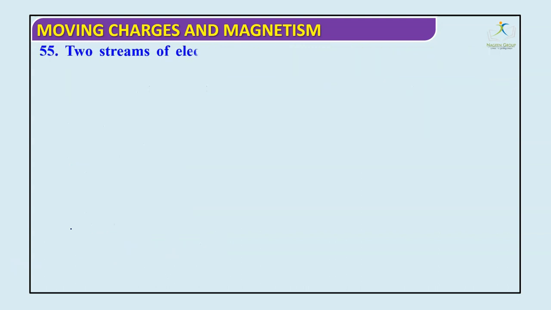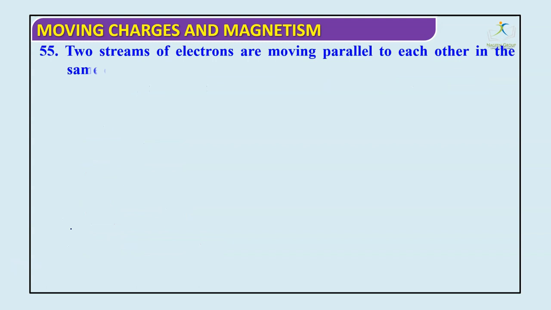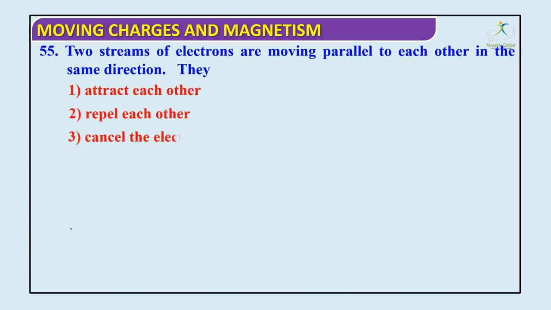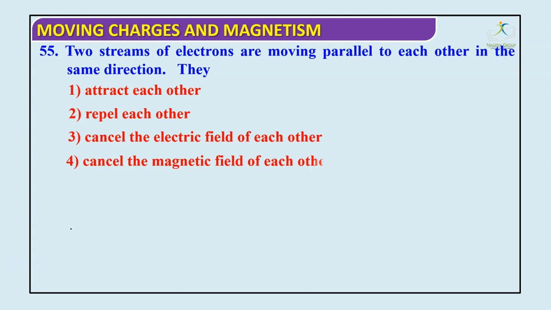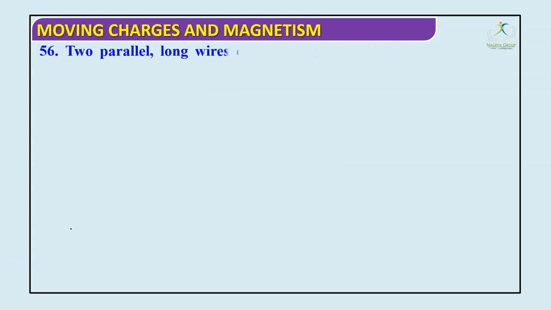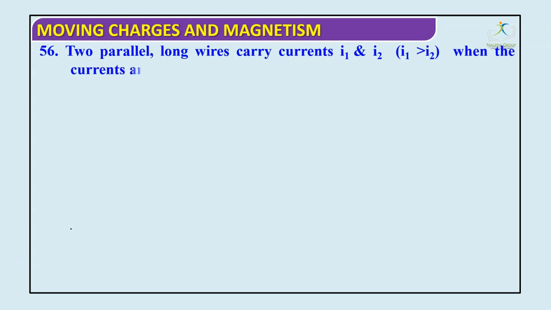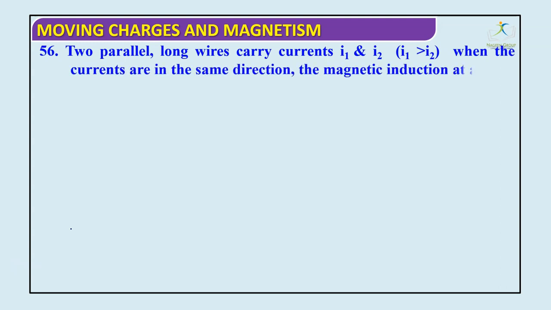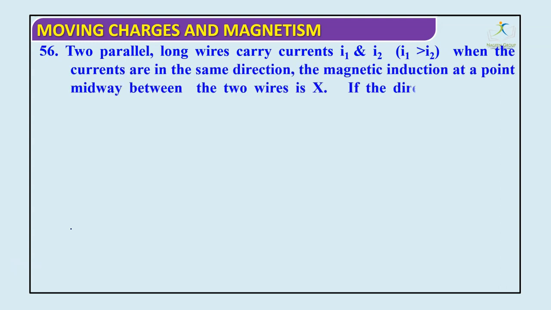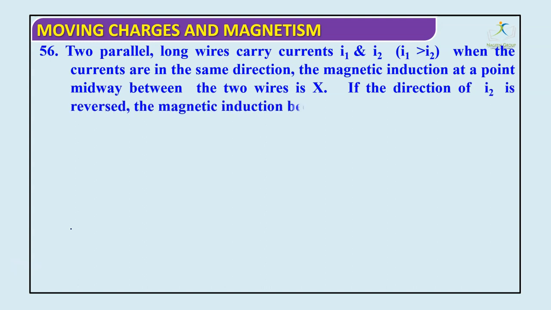Moving ahead, two streams of electrons are moving parallel to each other in the same direction. They attract each other, repel each other, cancel the electric field of each other, or cancel the magnetic field of each other. The correct answer is repel each other. Next question: two parallel long wires carry currents I1 and I2, where I1 is greater than I2.